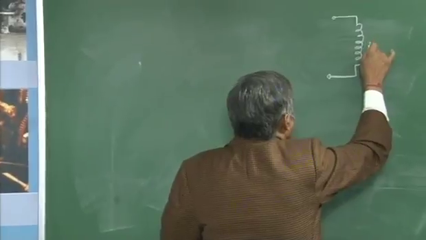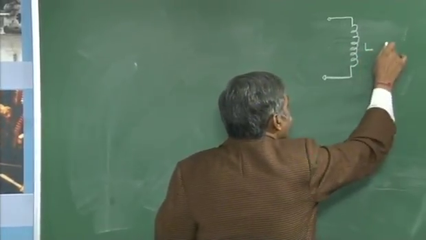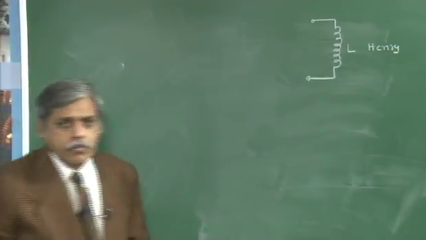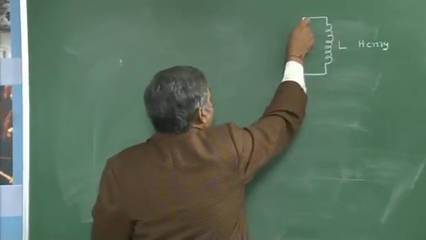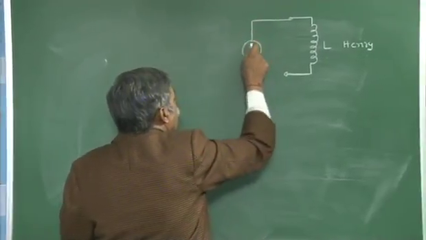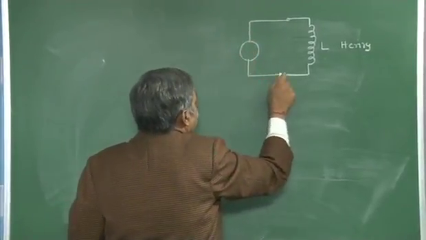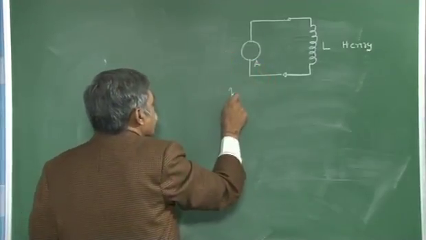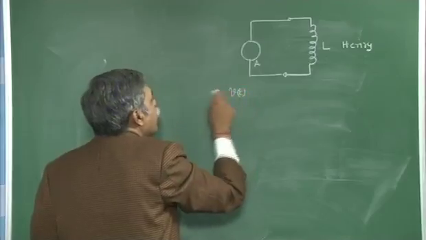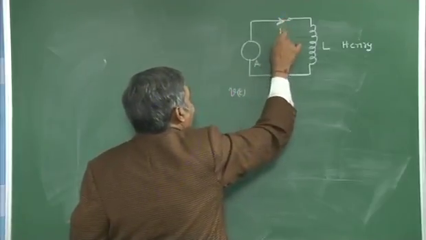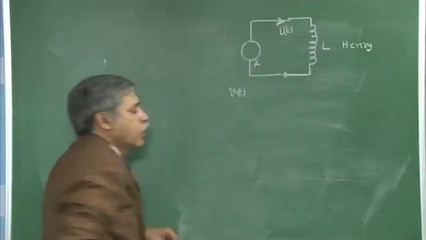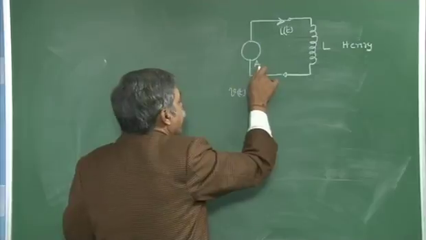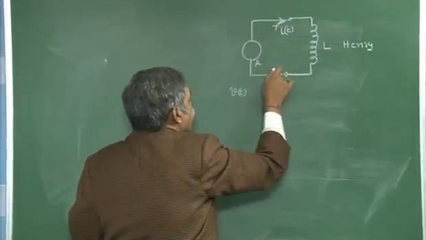Inductance is represented by L, the units are Henry. I am applying a sinusoidal voltage source. Say the source is A, the voltage of the source is V of t. So this causes a current of I of t to flow into the inductor. So the voltage that I am applying by connecting the source is V of t here.